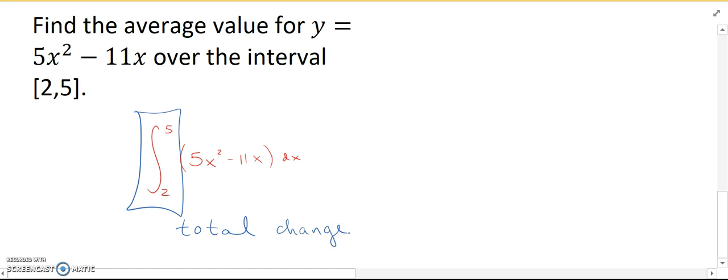The average just means that you would divide it by how much space there was. So an average says we add everything together, aka a total, divided by how many things there were. So I'm going to take the total area and divide it by the interval across you went. That's going to give you like an average height.